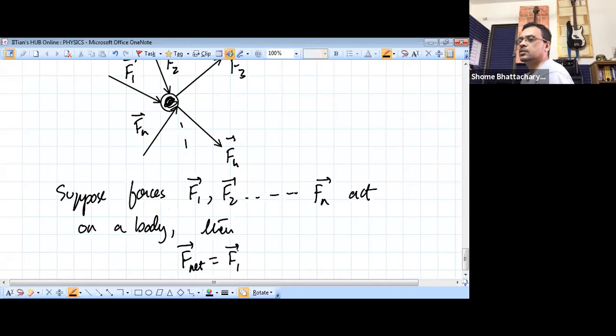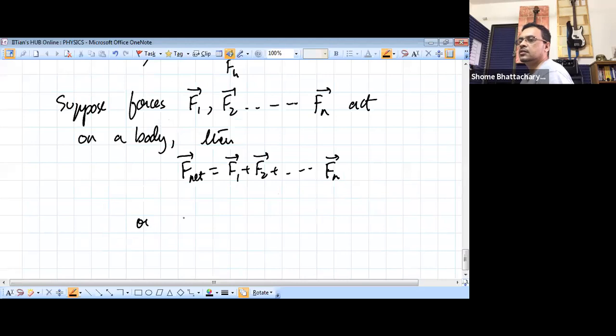Then what we mean by the net external force acting on it is the vector sum of all these forces. So the vector operation of addition of all these, or in summation language we can write F net is the summation, this symbol is used for summation, of F with the index i going from 1 to n.